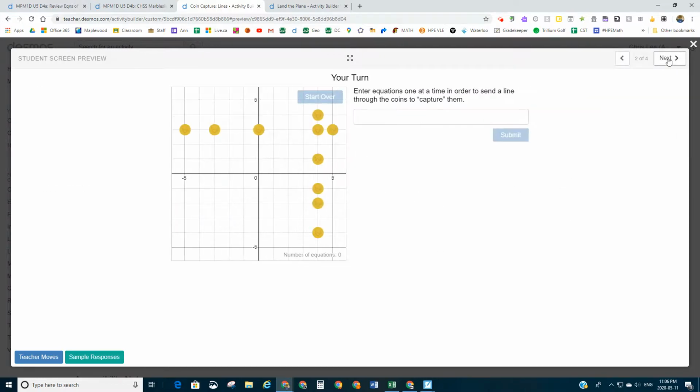All right, here's one. Oh, horizontal lines and vertical lines. So you're going to need a couple of equations to put in to try and get these coins. And then this one, obviously, we're going to have quite a few equations to get all of the coins.